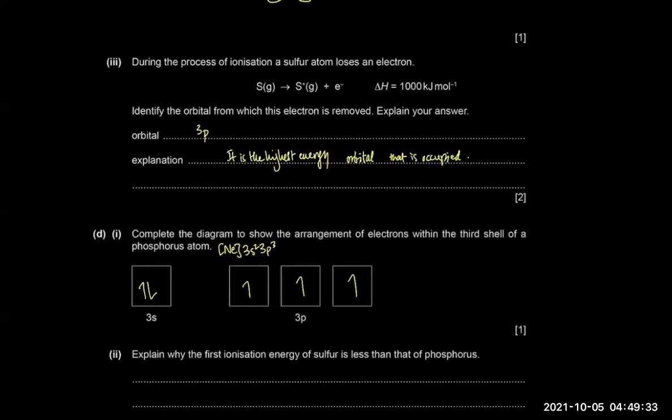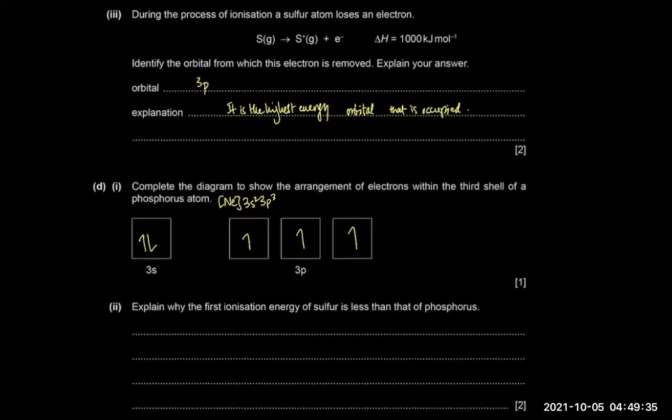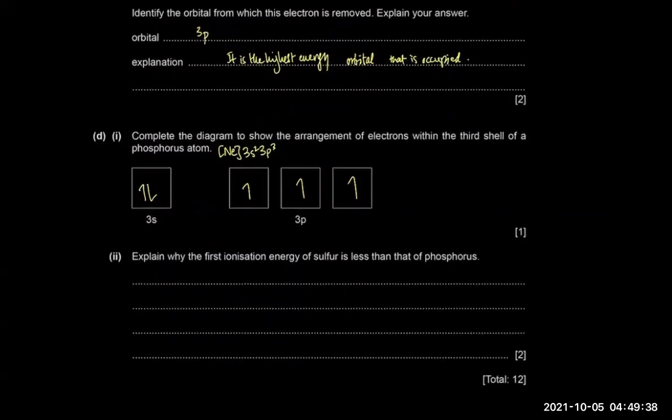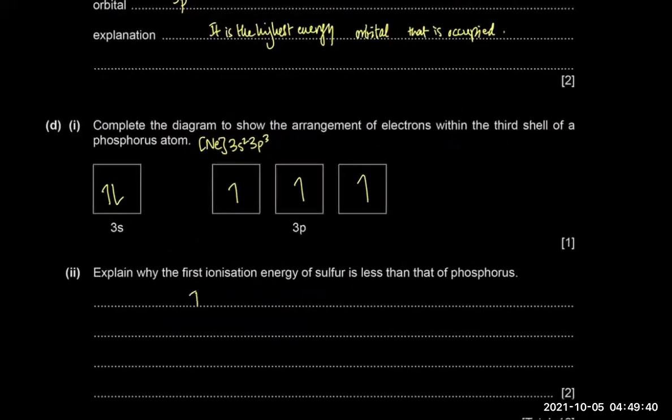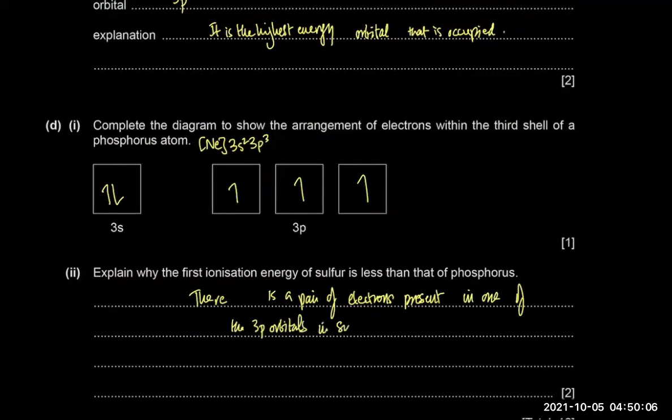In this case, there's a drop from phosphorus to sulfur because there is a pair of electrons present in one of the 3p orbitals in sulfur, right?